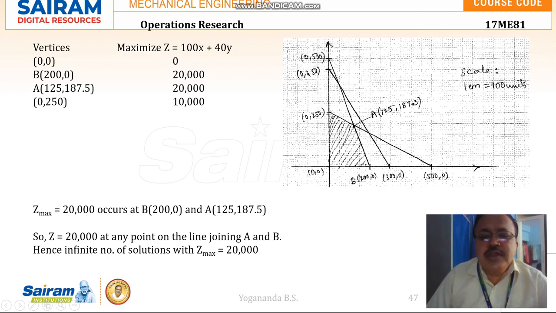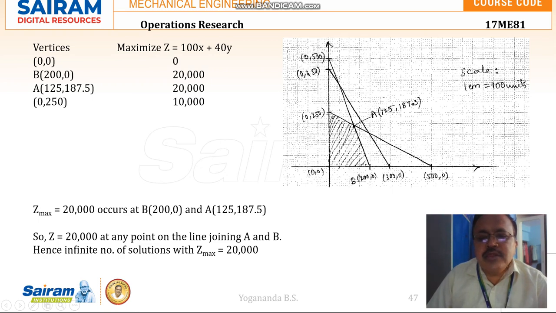The feasible region will be chosen, that is the hatched area, in such a way that it should satisfy all the given constraints. Here the constraints are less than or equal to, so for any line you take, the area is below that particular line.